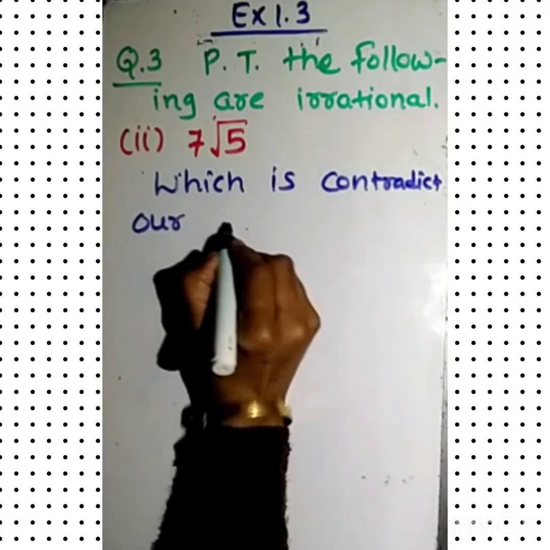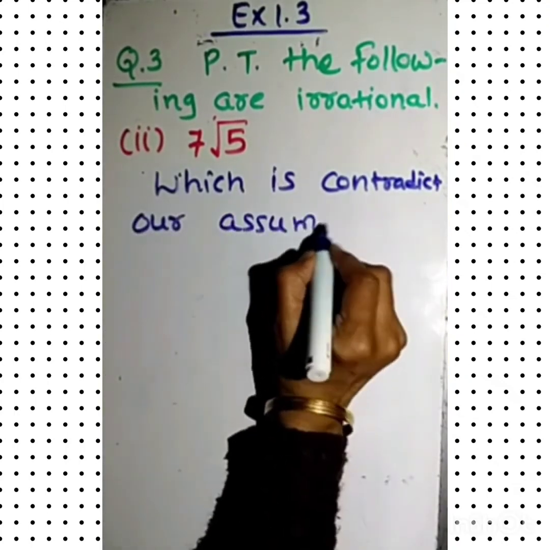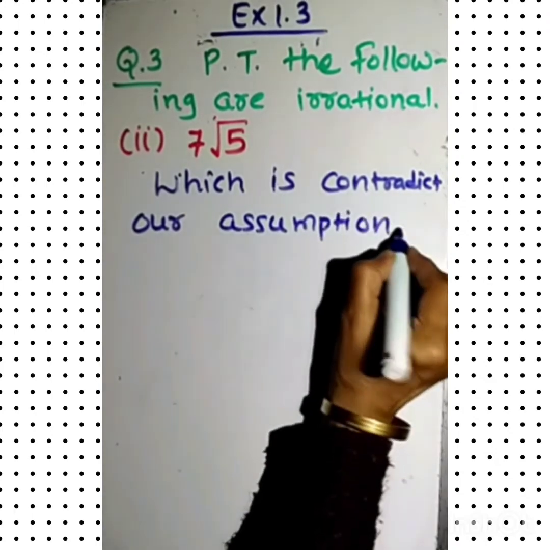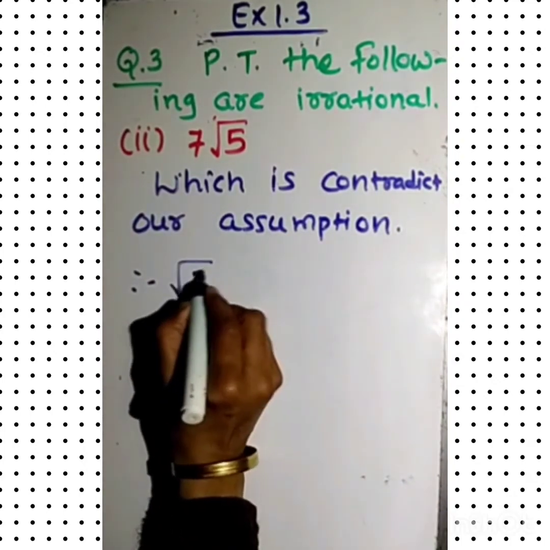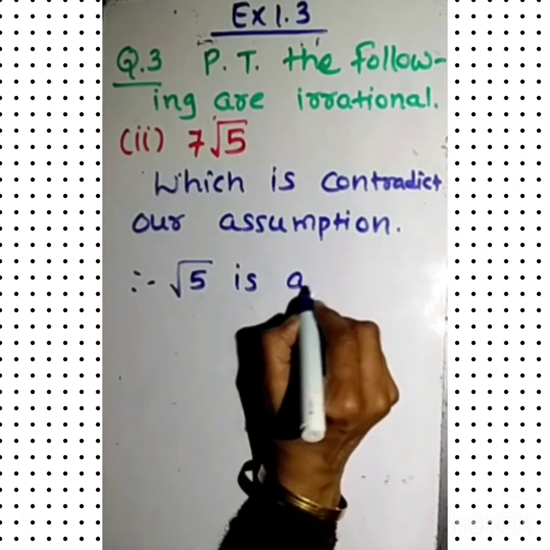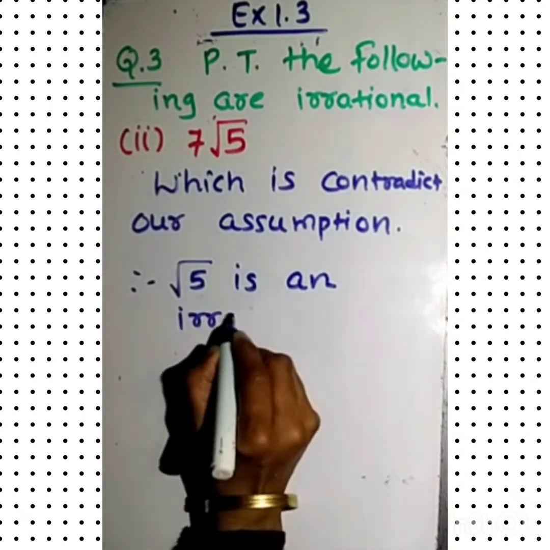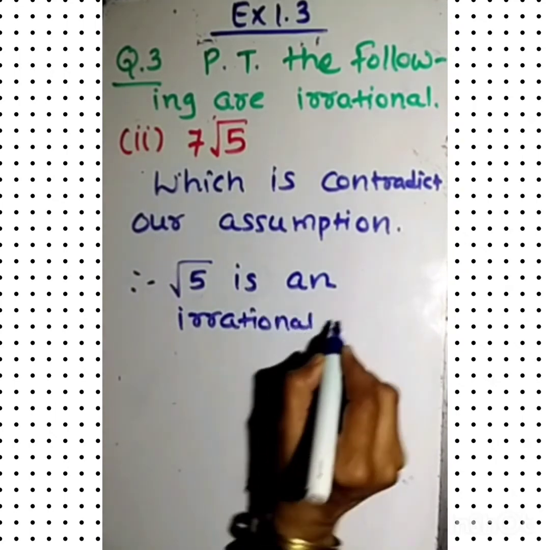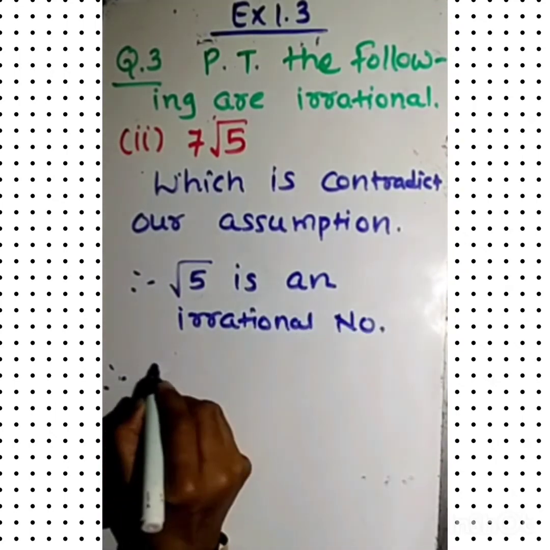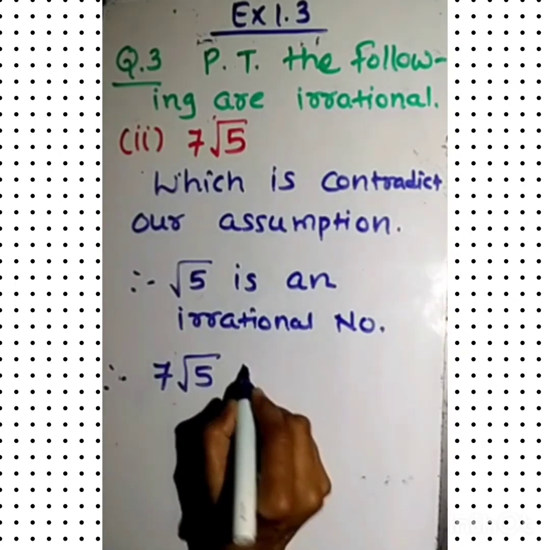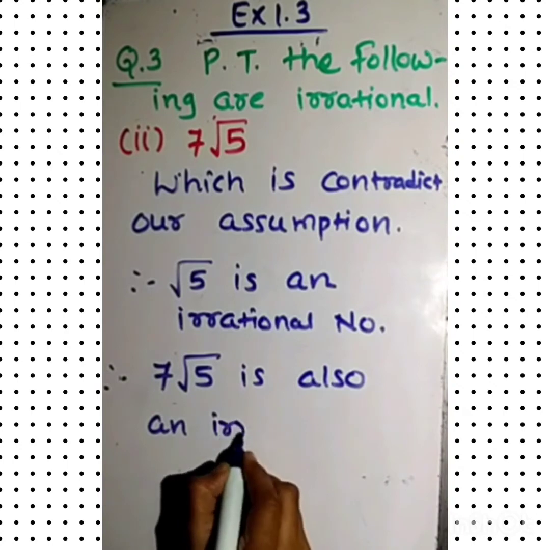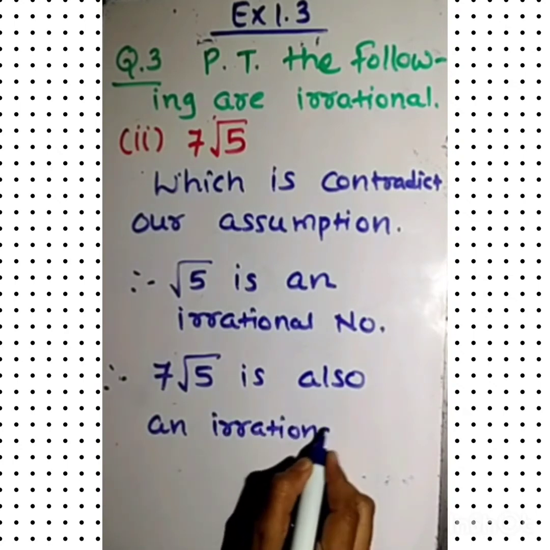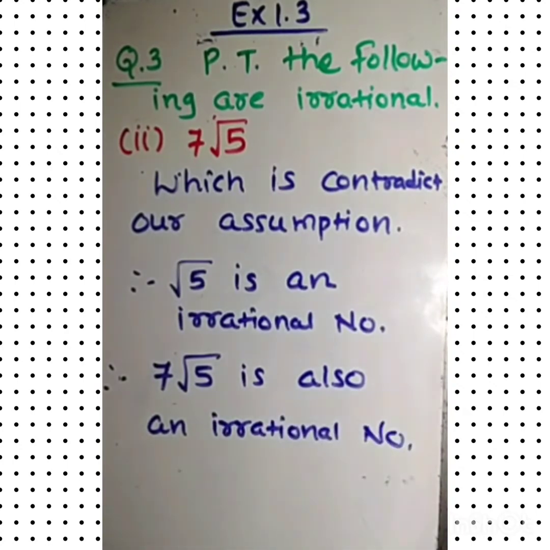Therefore, we can say root 5 is not a rational number, it is an irrational number. Therefore, 7 root 5 is also an irrational number. Clear to you, beta?